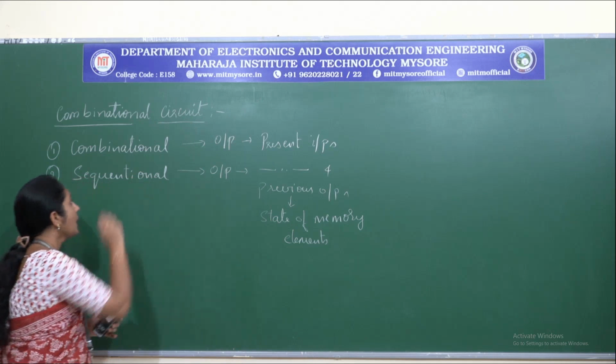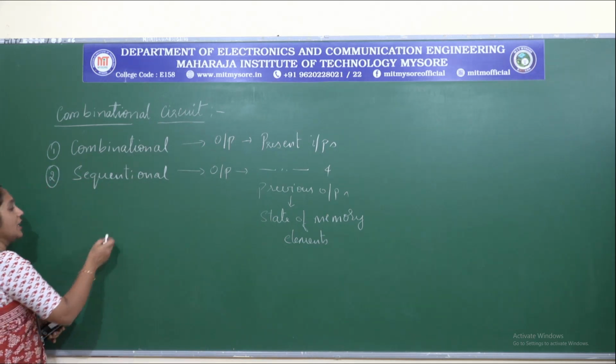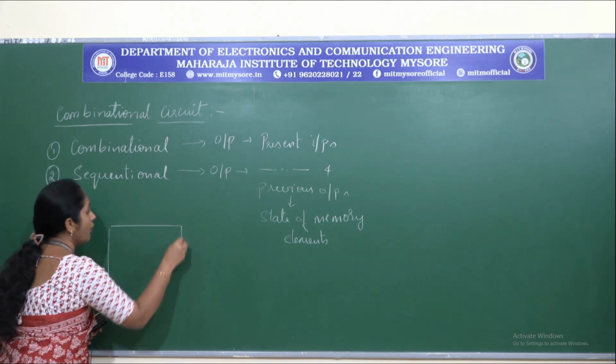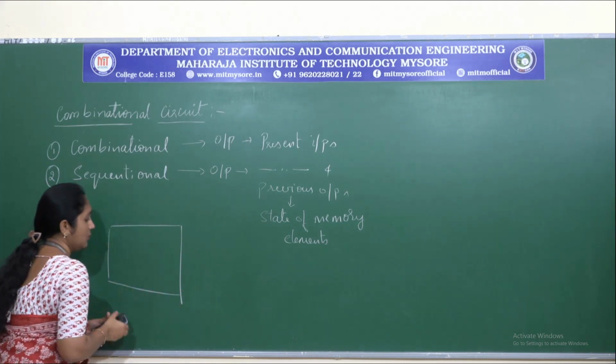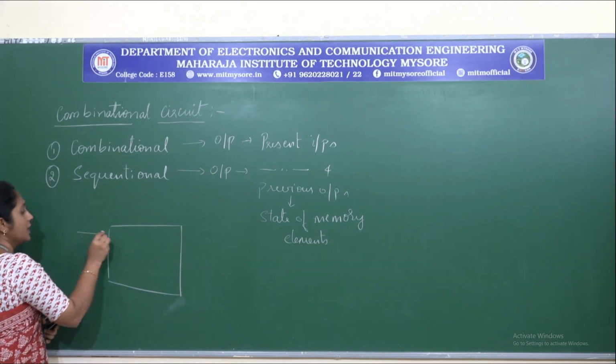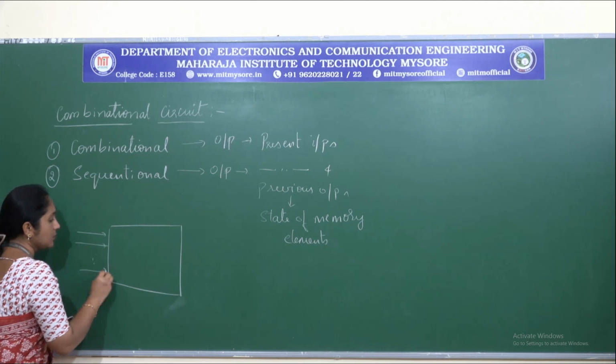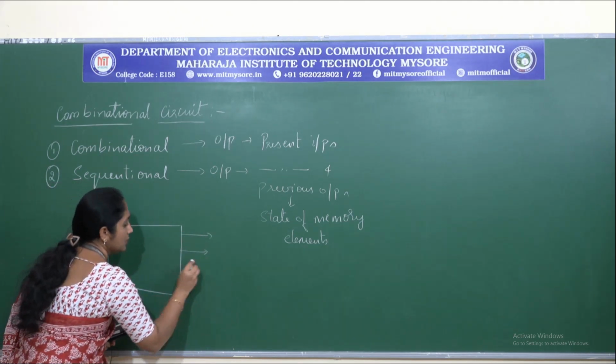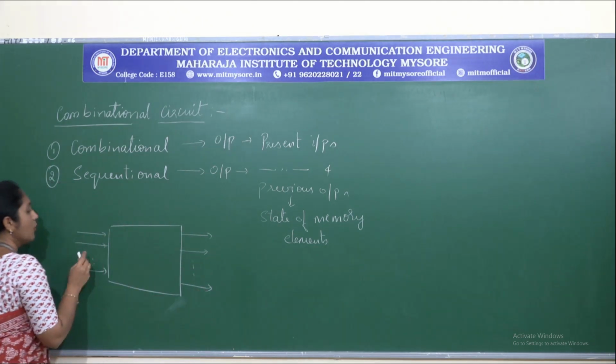Now, a combinational circuit will consist of three parts. One is input, and the other is output.